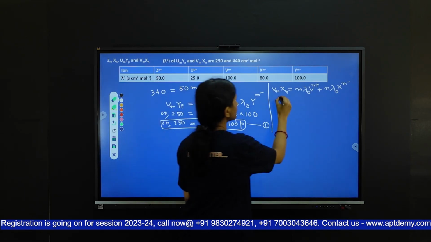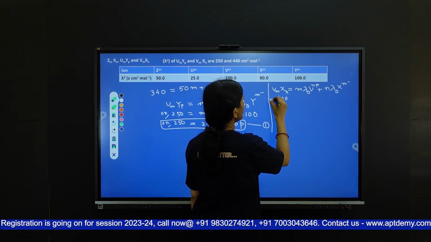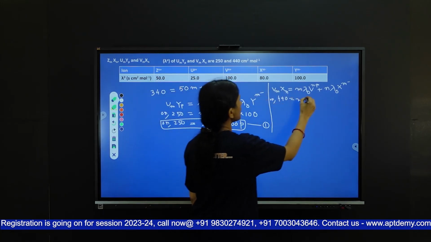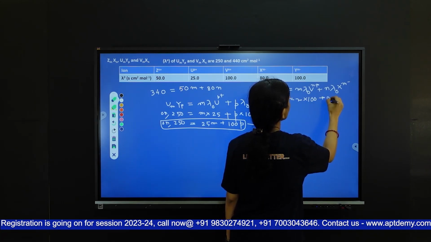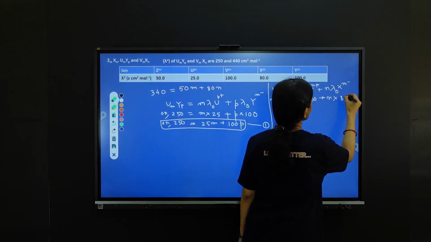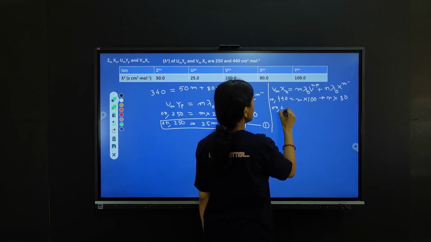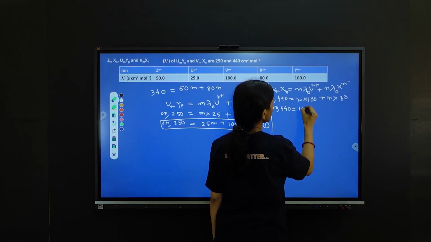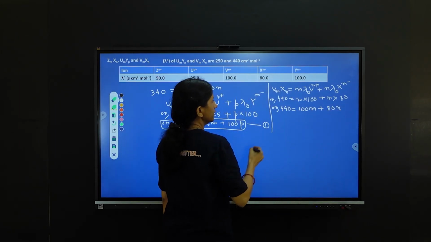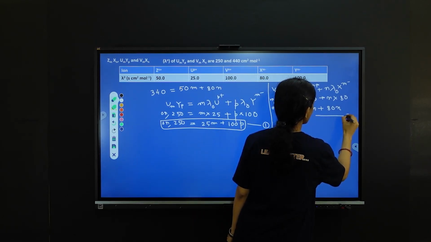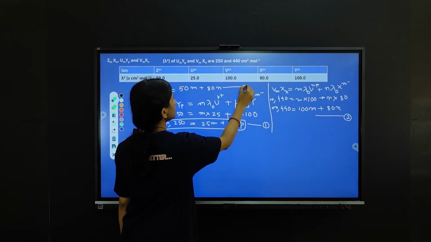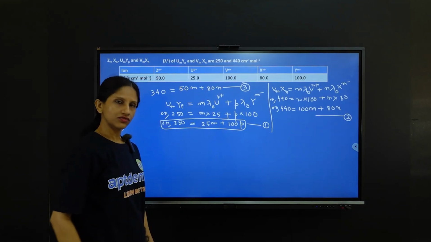VMXN is given as 440, and m times lambda 0 Vn plus is 100, plus n times lambda 0 Xm minus is 80. So we will get 440 is equal to 100m plus 80n, right? Now let's name this equation as equation 2. And what we got in the beginning for the first electrolyte, we will name as equation 3.